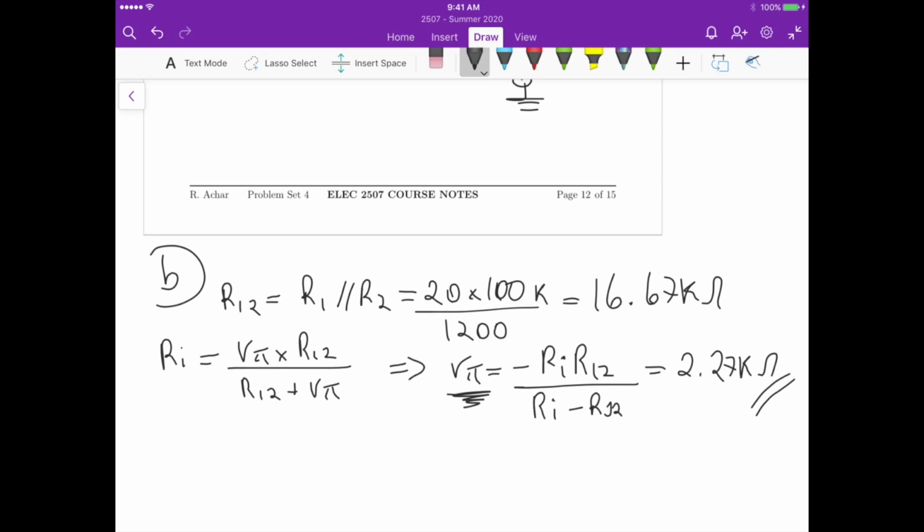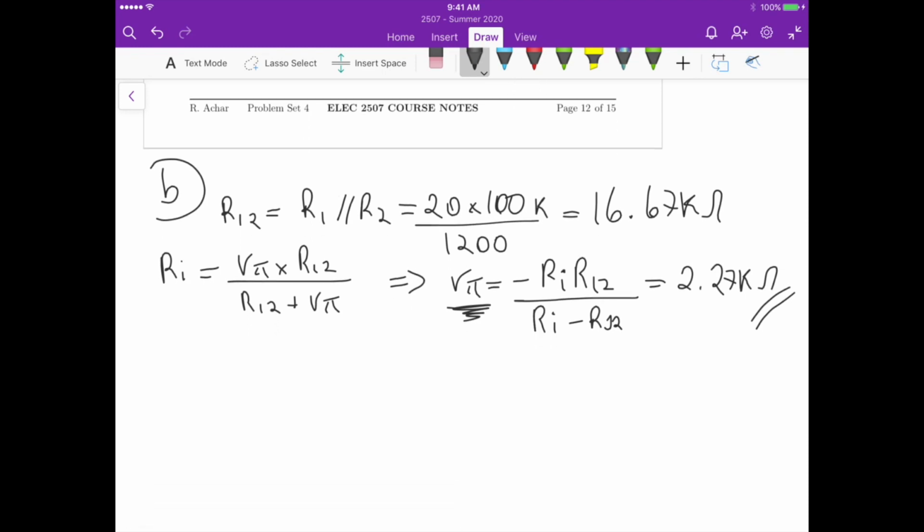So to calculate the transconductance gm, we need to know the collector current. So we can determine IB as VT divided by R pi, and that's 11 microamperes, right? Then we can calculate IC using the beta.